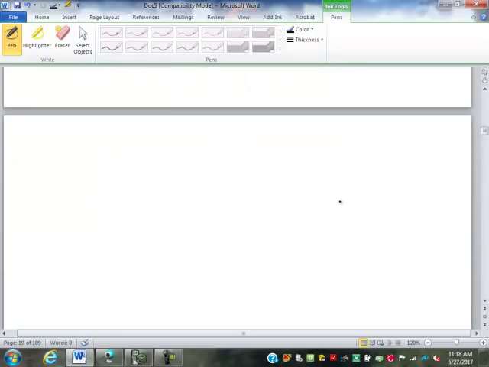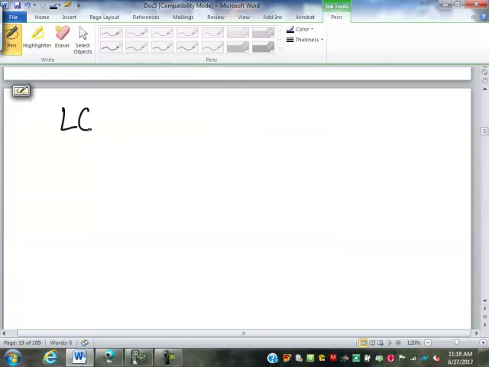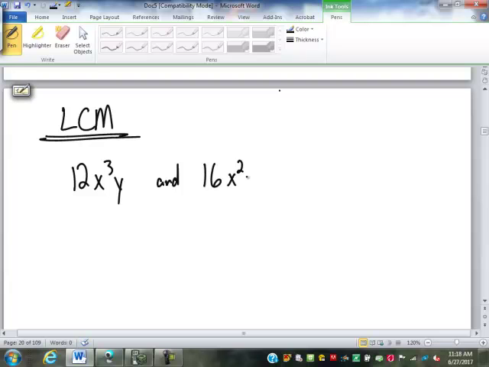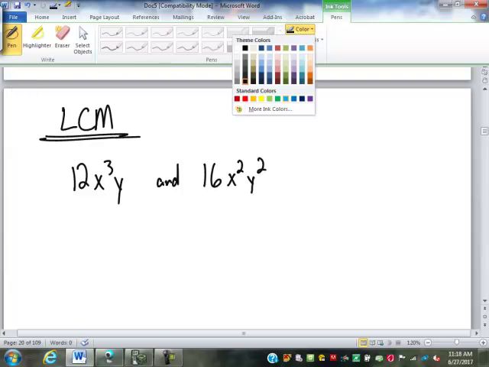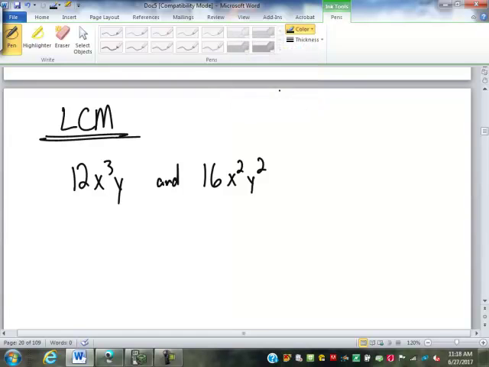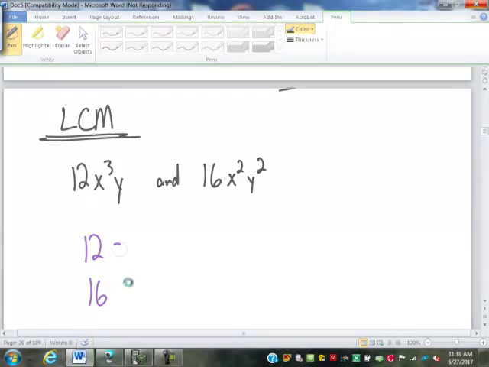I'm glad this one came up. Find the LCM, the least common multiple. If I give you a pair of numbers, like 12 x to the third y and 16 x squared y squared, well, I'm going to start out with the 12 and the 16 just to find the numbers.